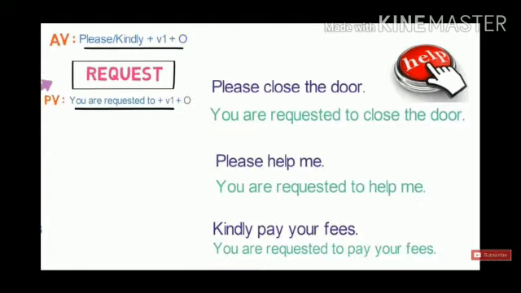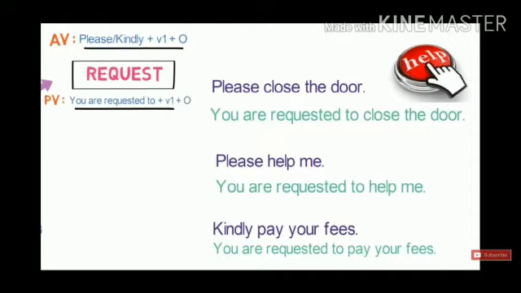The third form is request or asking help. In this sentence we need to look for please and kindly. So in the active voice the structure is please or kindly plus verb 1 plus object, and in passive voice, you are requested to plus verb 1 plus object.